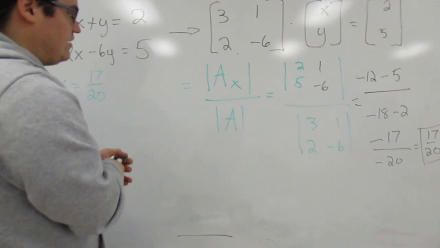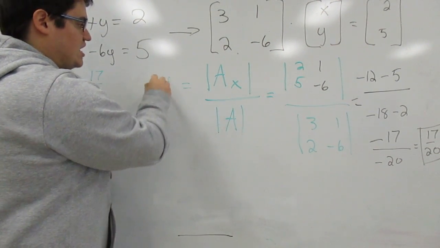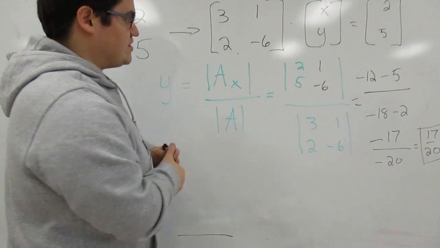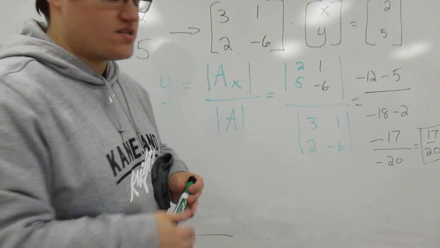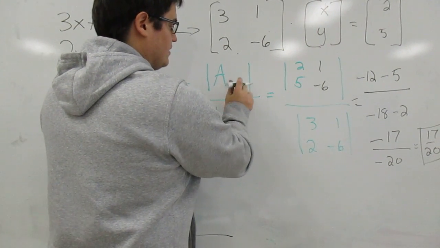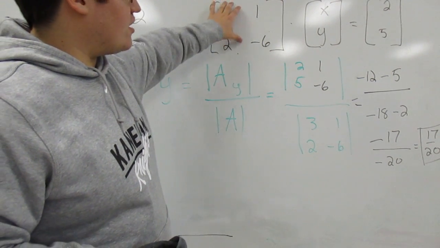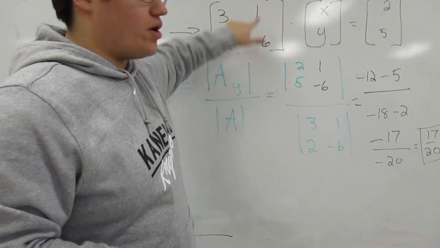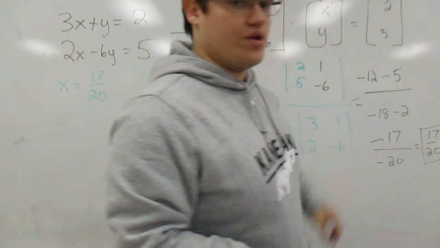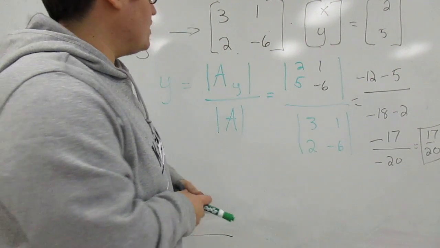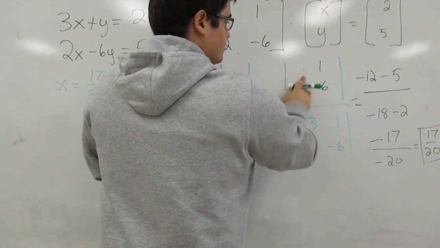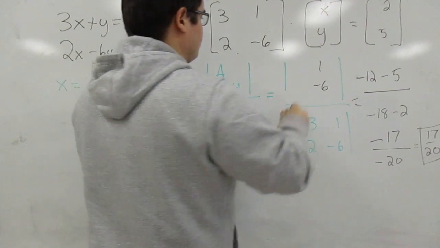So y is going to be the same exact idea. But now instead of taking the determinant of this a sub x, we're going to take a sub y. So we're going to take our matrix here, take the column that y is a part of, and we're going to replace it with the answer matrix there. So I'm going to keep my x column the same.